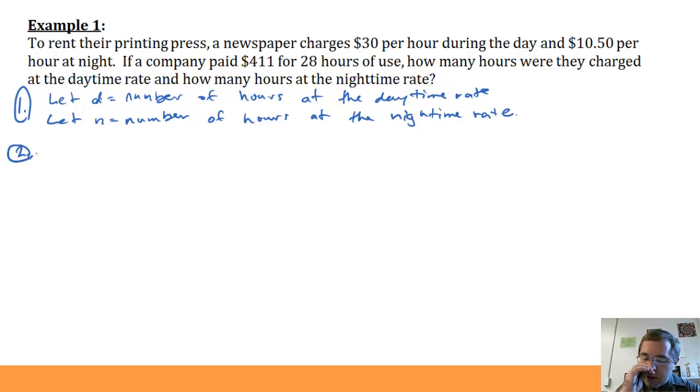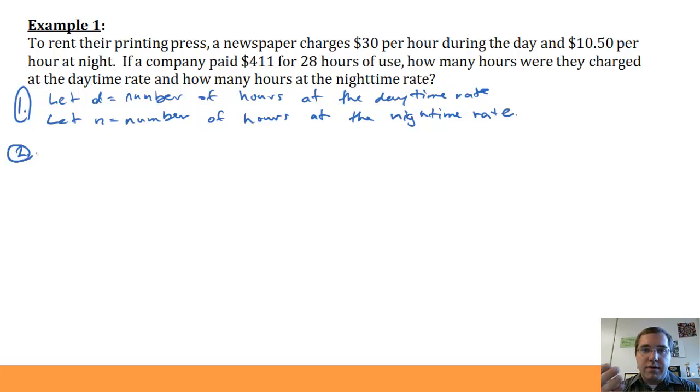Well, we know that the daytime rate is $30 per hour. So if they were charged $30 per hour for D hours, then the total they were charged during the daytime was 30 times D. Now the nighttime rate is $10.50 per hour, and we're saying that they used N hours at night.